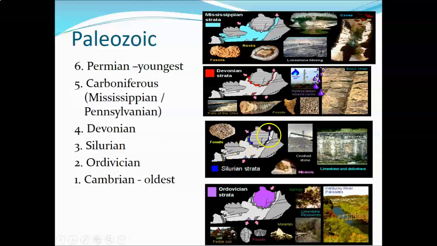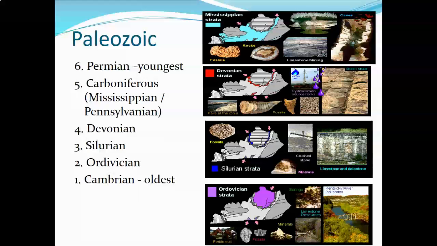We've got the Silurian kind of on this outskirt right here. The Devonian is on the even further outskirts. And then finally we have a lot of the Mississippian. If you can kind of see the progression here, we can see that dip. This is where a glacier came down and pretty much bulldozed anything else that was on top of the Permian and everything. It literally wiped it all out.